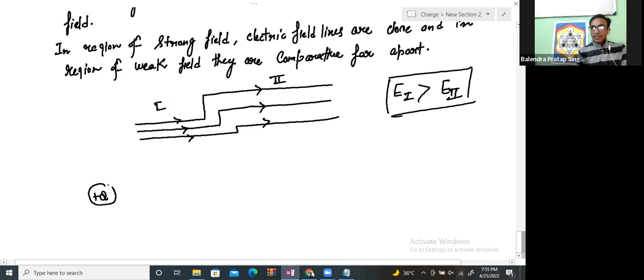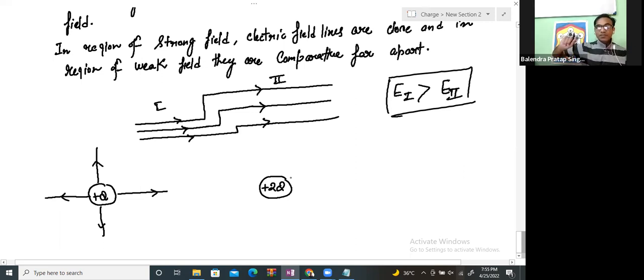In this case, suppose there are 4 electric field lines due to this plus q charge. If I double the charge, then the electric field lines also get doubled. When the magnitude of charge is plus q, the number of electric field lines is 4. And when I double the electric charge, we get 8 electric field lines.